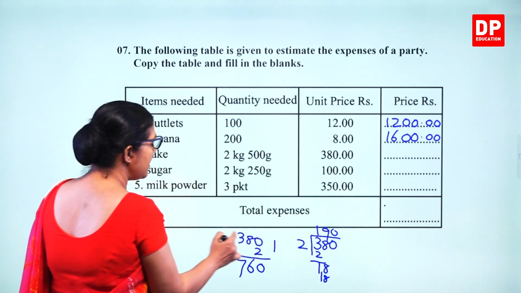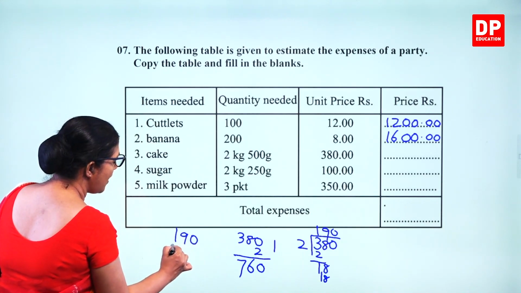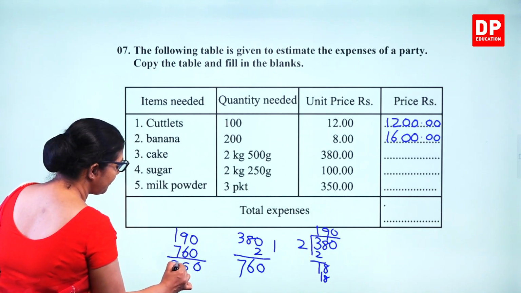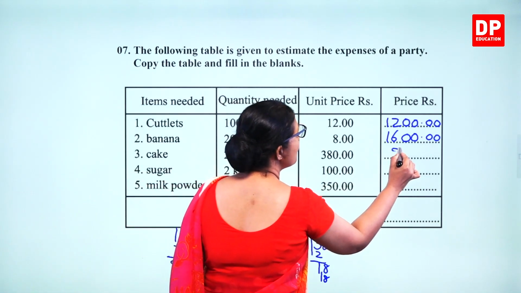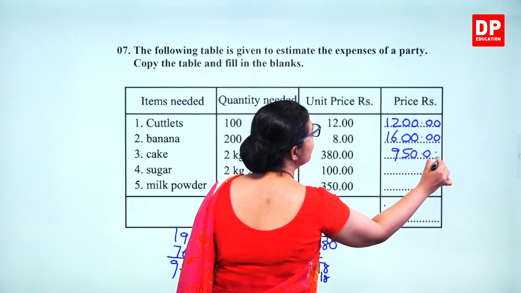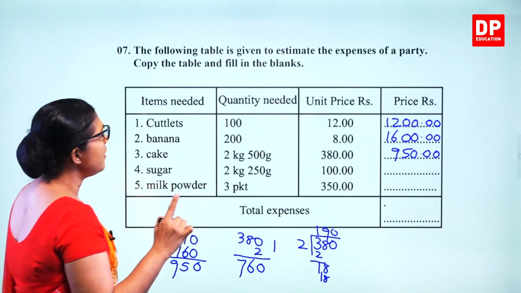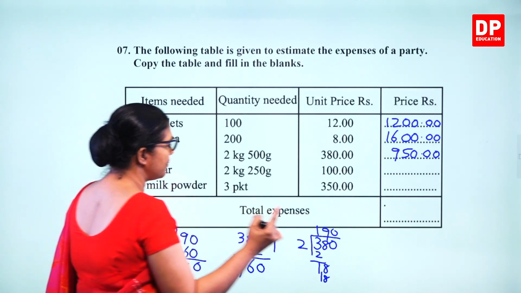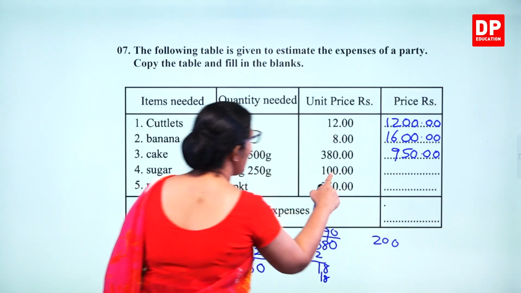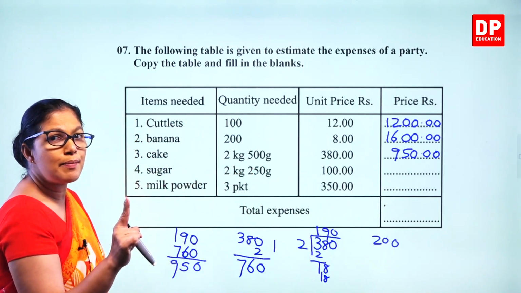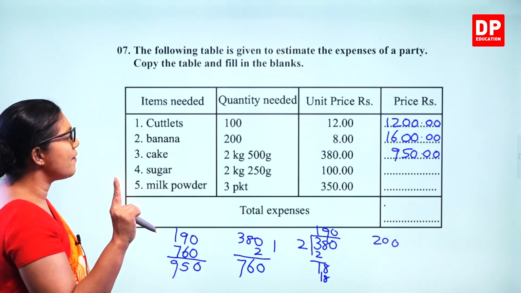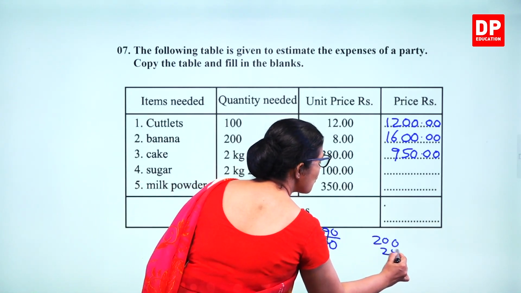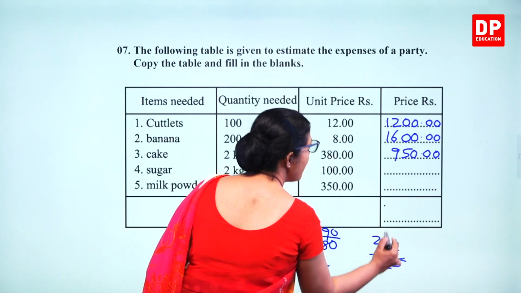So 190 and 760, you add it. 950 rupees. This one, 1 kilo is 100. 2 kilos, 200. 1 kilo is 100 means you divide by 4 to get the 250 grams value. So divide by 4, you get 25 rupees. So when you add it, you get 225.